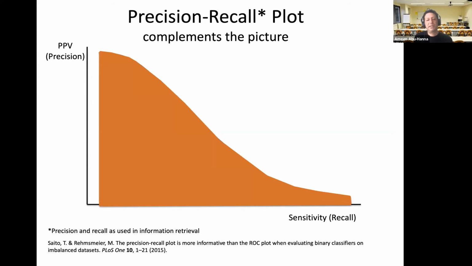This is called the TRIPOD. I will talk about it later, maybe just in one slide. It is a reporting standard for what to report when you write a paper about prediction models. It says basically you have a measure of discrimination, and usually it's the AUC, and a measure of calibration, which we will talk about next.